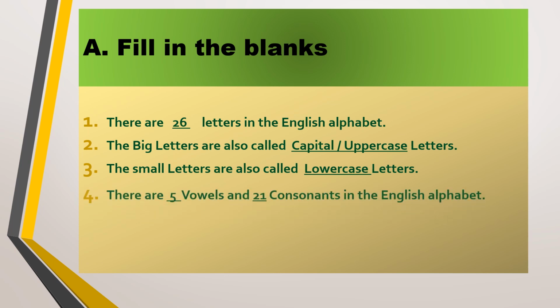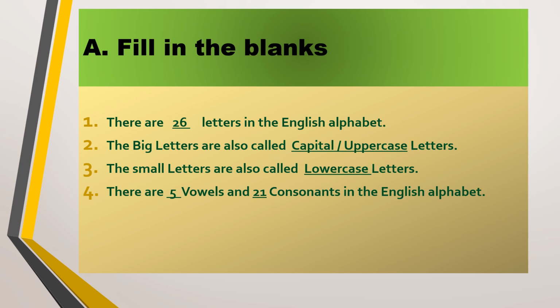There are dash vowels and dash consonants in the English alphabet. So we have 5 vowels and 21 consonants. The word bag has dash vowel and dash consonants. So we have here in the bag A is 1 vowel and B, G are 2 consonants.